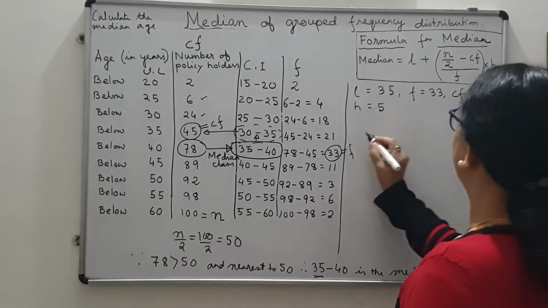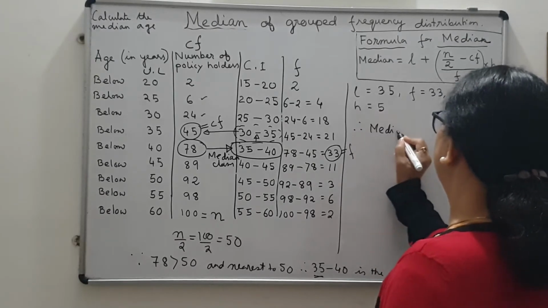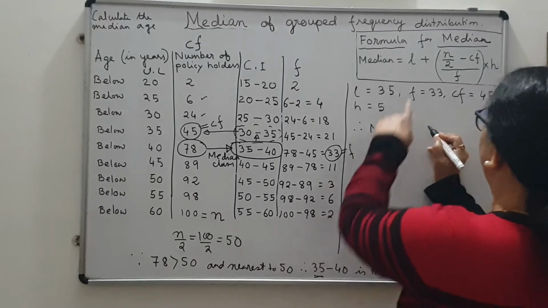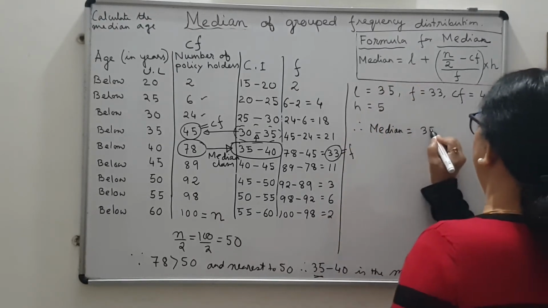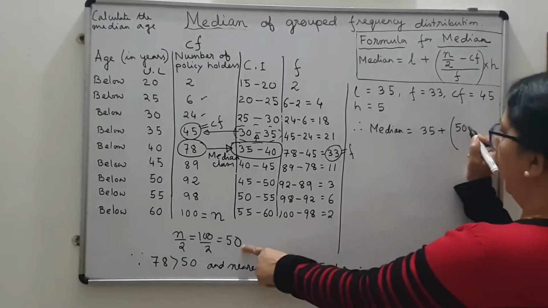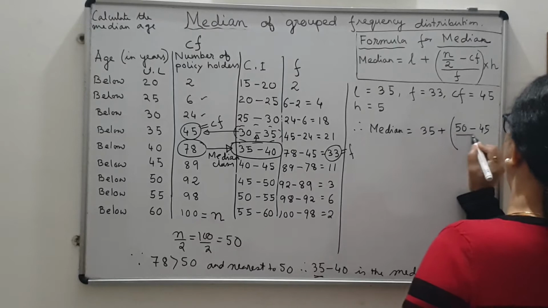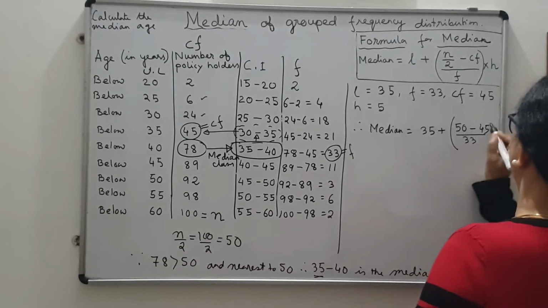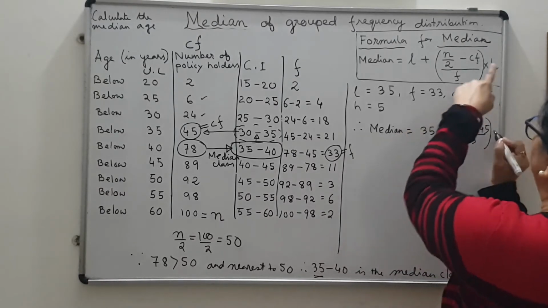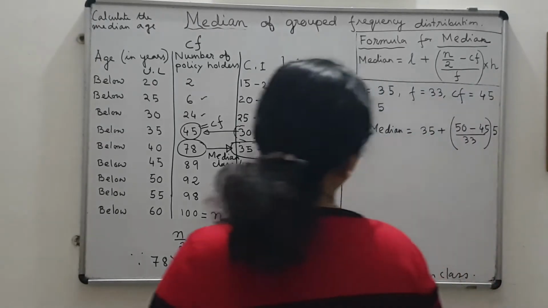Okay. So therefore the required median, in place of L I write 35 plus, in bracket, n by 2 is 50, 50 minus CF is 45, upon F is 33, into H is 5. So you just put the values. Now simple calculation.